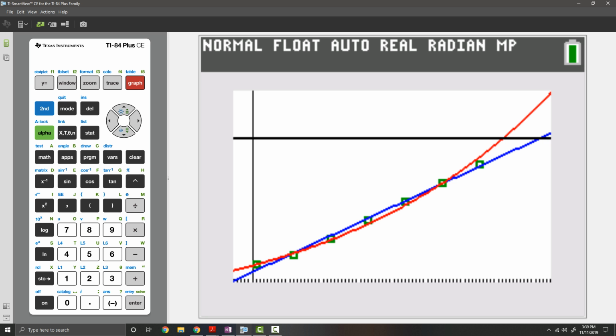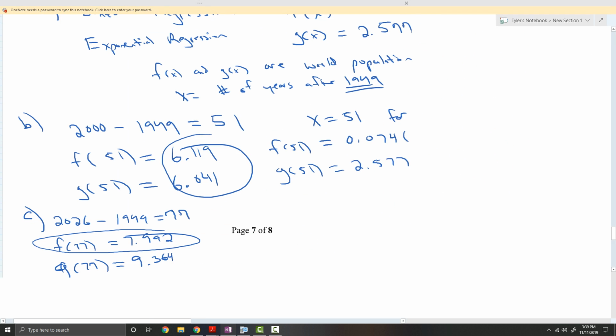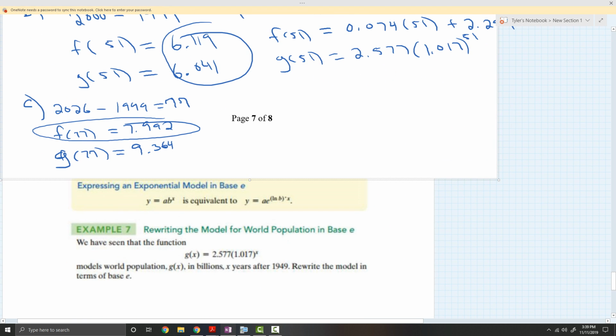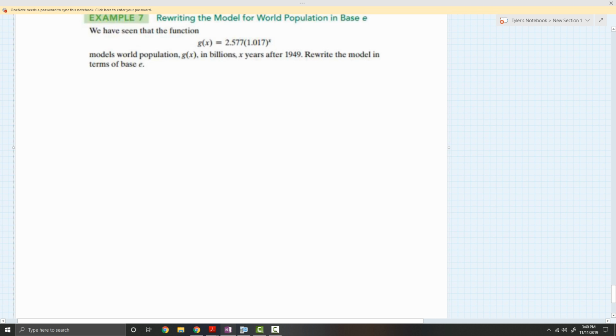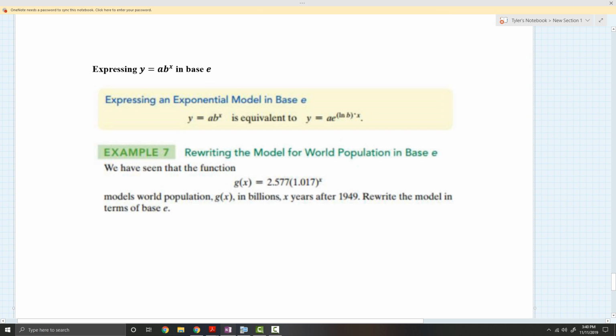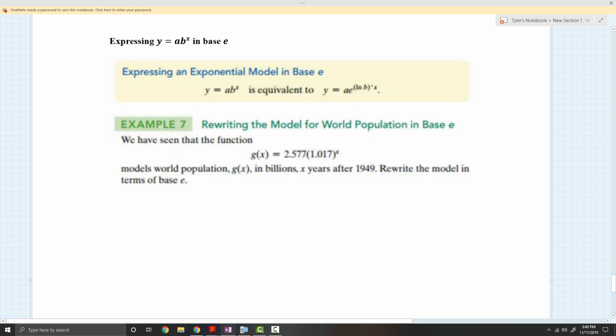All right. So then we have one more type of example to practice. Let me make this larger. So now what we want to be able to do is express y equals a times b to the x in base e, right?